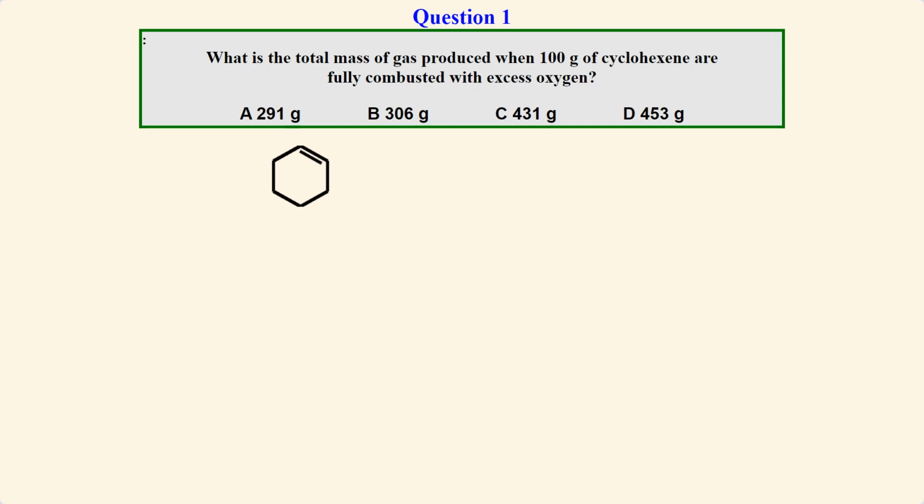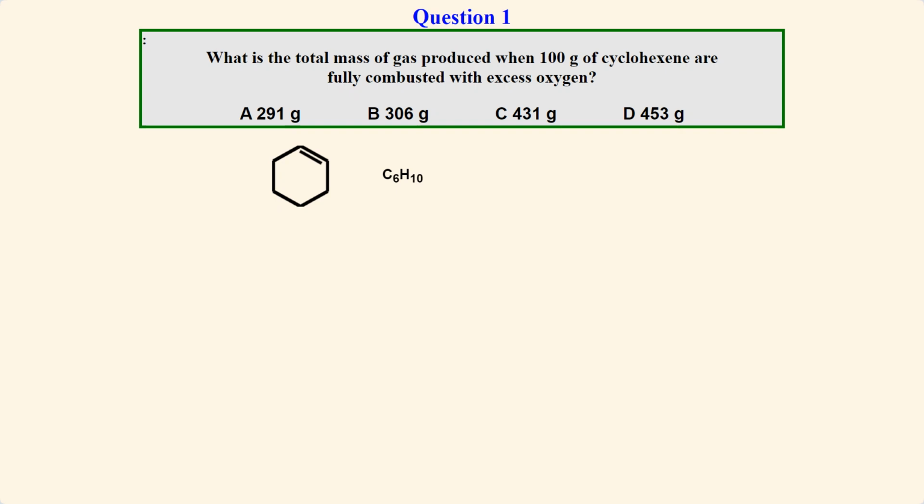We see the structure of cyclohexene there. It's a ring with one double bond. So the molecular formula will in fact be C6H10. Obviously we've got 6 carbon atoms because we've got 6 vertices in the ring. And then on 4 of the vertices we have CH2, 2 hydrogen atoms.